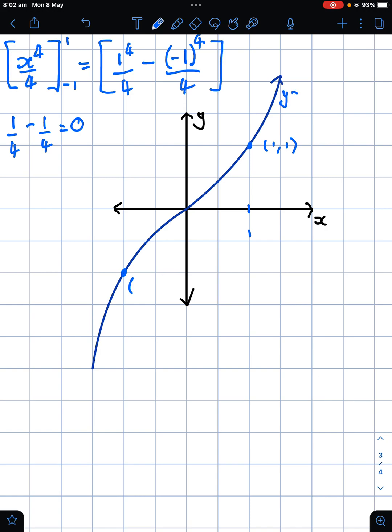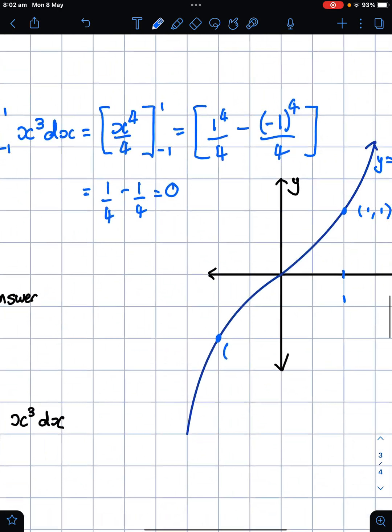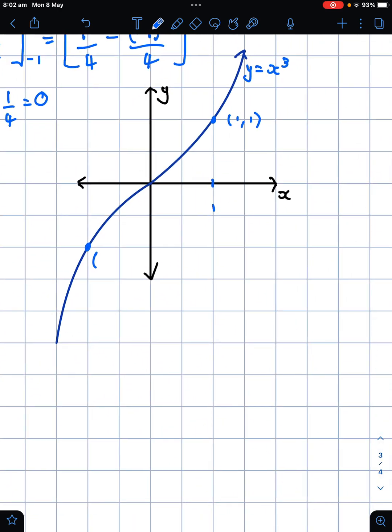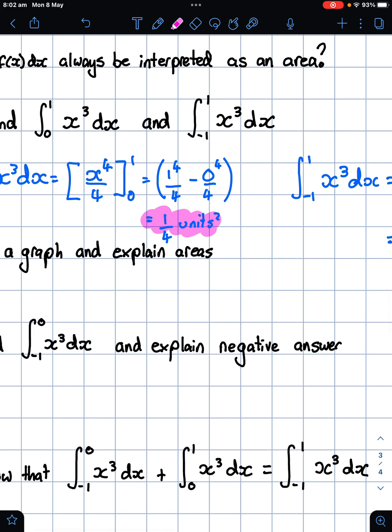This function is y equals x cubed, and the area between the curve and the axis equals 1/4 of a unit. With my poor drawing it looks like a half, but it's this value here.